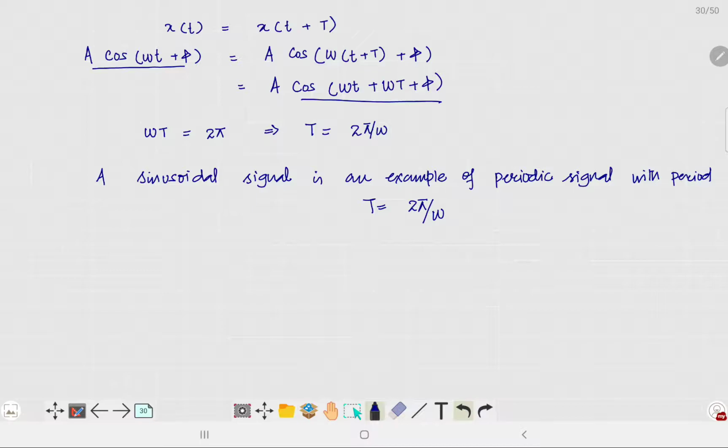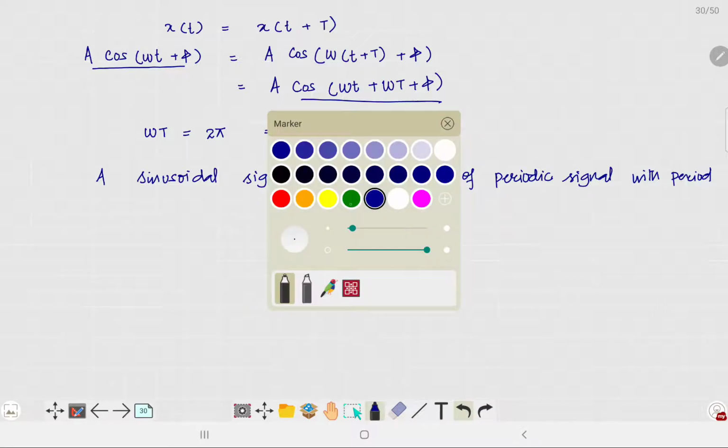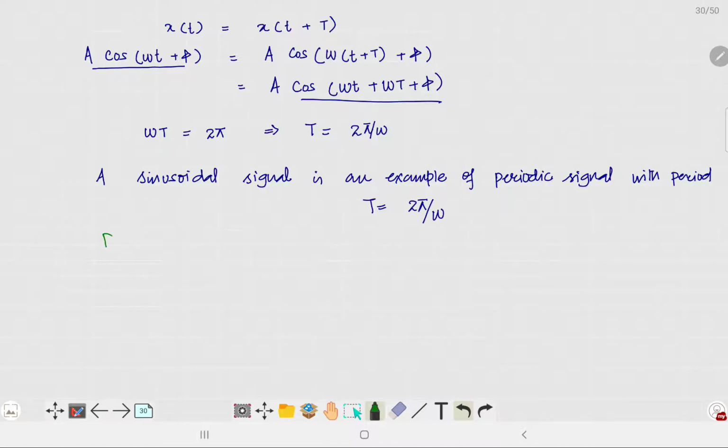Now if I take the discrete time version of this sinusoidal signal, so this was continuous time, it will be typically x of n, where n is an integer or sample point, whatever you like to call it, equal to A cos(omega n plus phi).